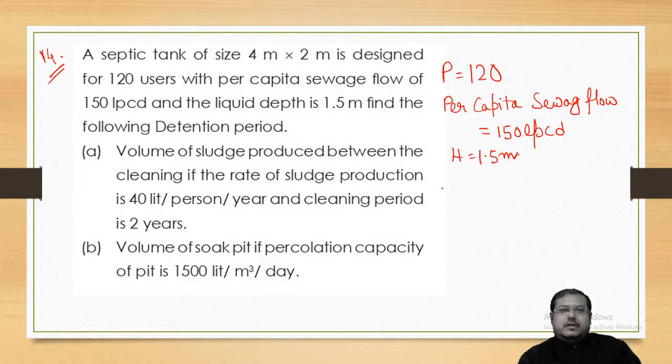So first, Q is how much? Population 120 into per capita sewage flow 150 liter per day.